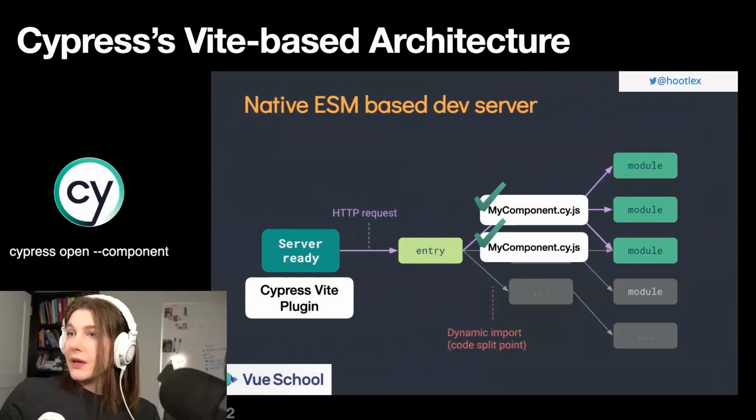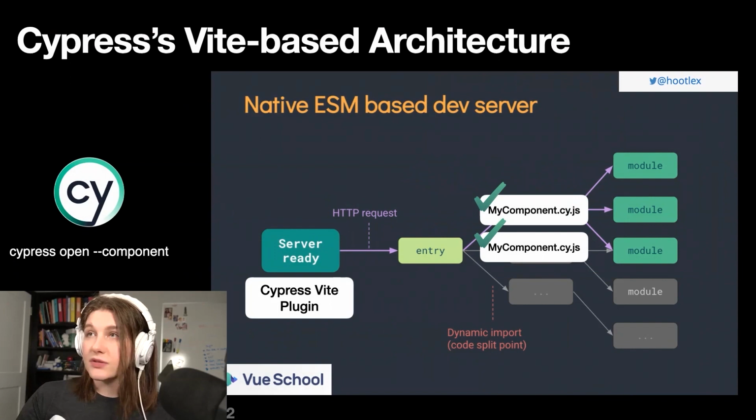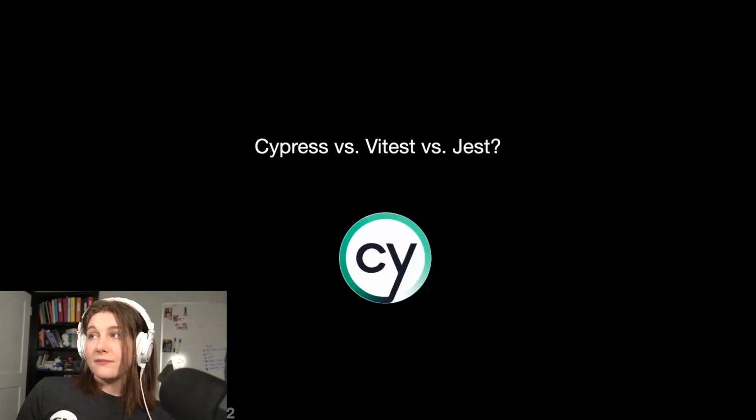There we go. Basically, Cypress just acts as a Vite plugin, and the entry point is a loader that dynamically imports each spec file. So it does a glob search for something that matches the spec pattern. Cypress uses .cy.js so as not to conflict with Vitest.